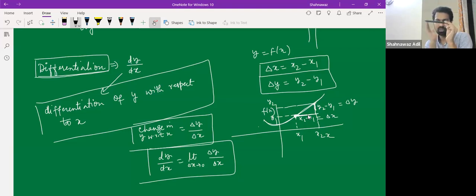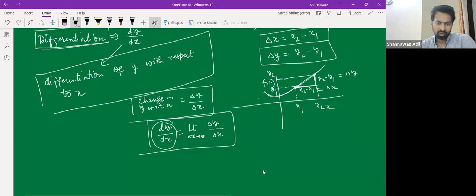If I bring this change to a very small one, calculating the change very close to the x1 point, that gives the ratio of the change in y with respect to x, where the change in x is very small. This is called the differentiation of y with respect to x. Is that clear, guys?